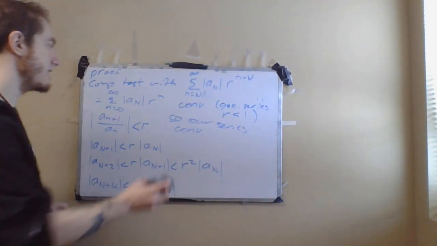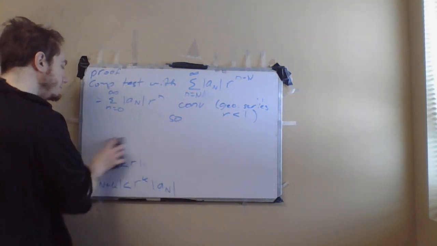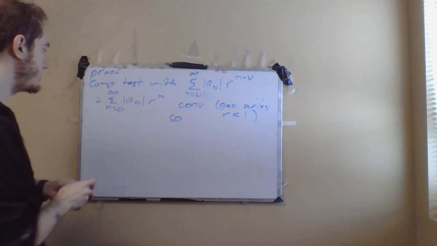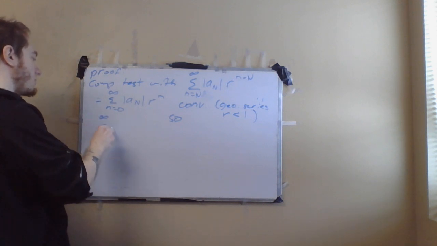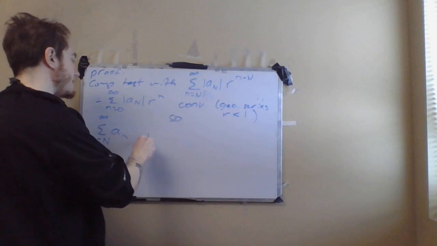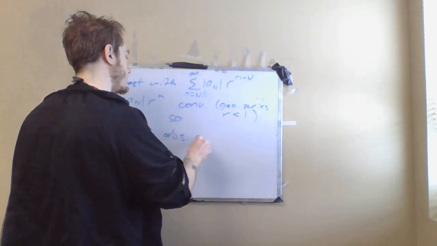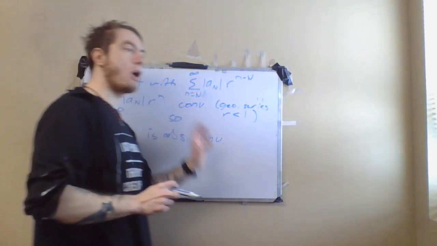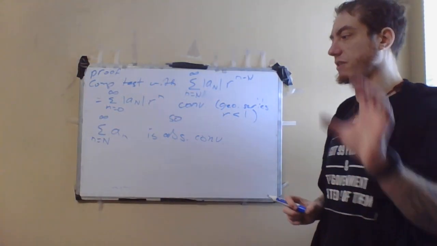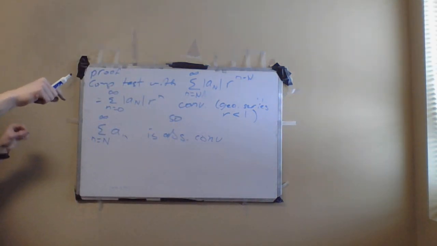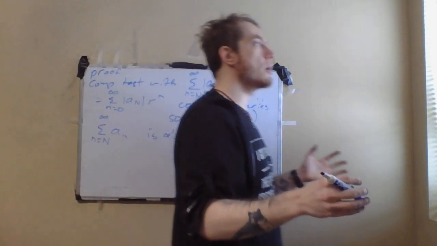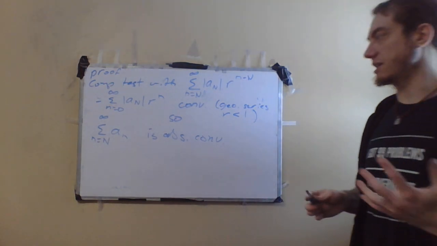So strictly speaking, what we've shown is, let me write this out in a bit more detail. What this means is that the sum from little n equals capital N to infinity of the a sub n's is absolutely convergent. But here's the thing. If I cut off the first finite collection of terms of a series, that doesn't change whether it converges, because that finite collection of terms is just some number that starts off the series.